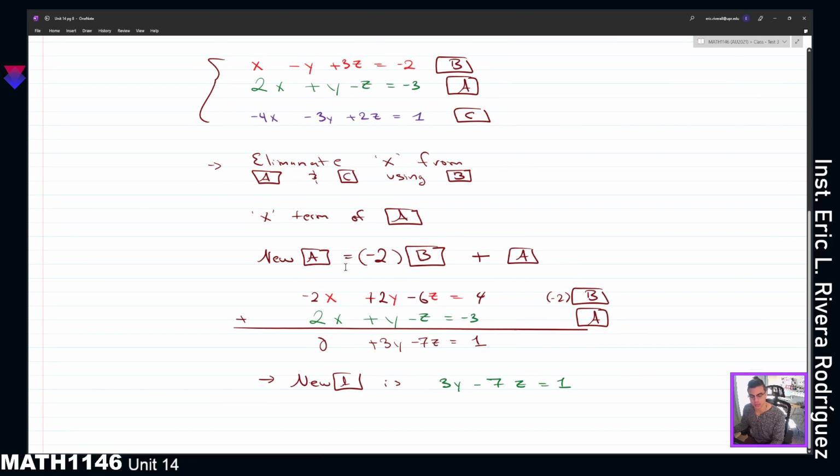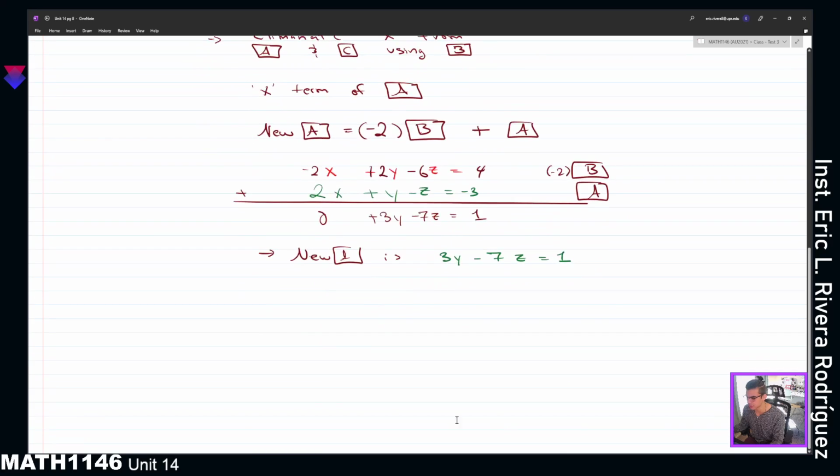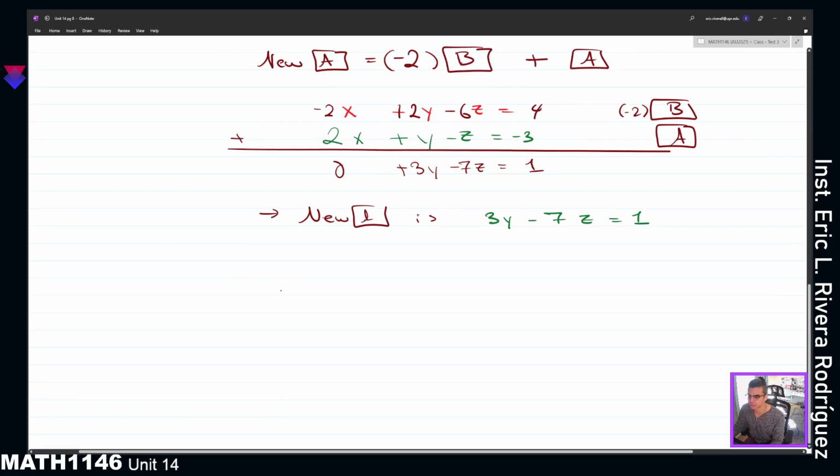Now I'm going to do the same process, but now I'm going to focus on the x term of equation C. That means I'm going to have a new C, and I'm going to use B again.